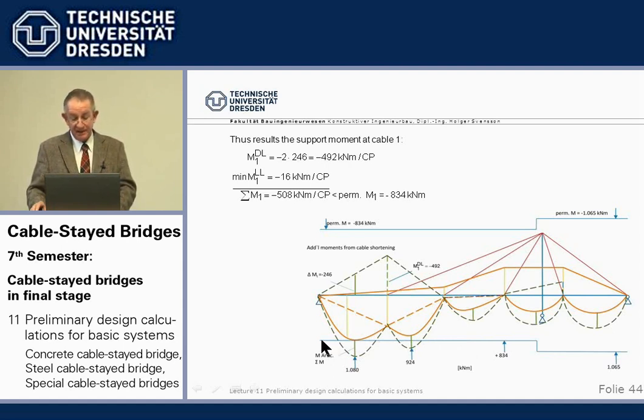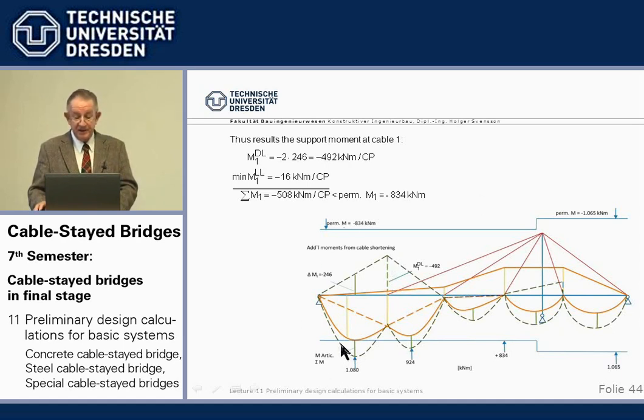So we have to introduce a negative moment by cable shortening, in the amount of minus 246 in the center of the span. Then it's naturally a straight line, so this must be minus 492 as a third moment from cable shortening.